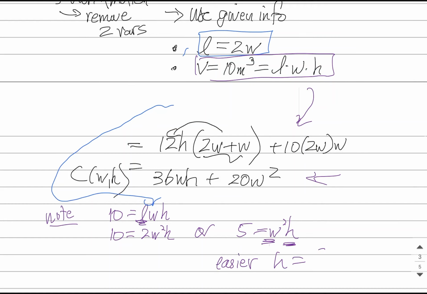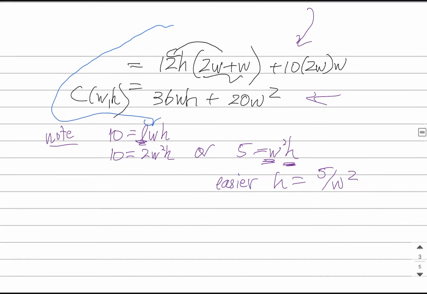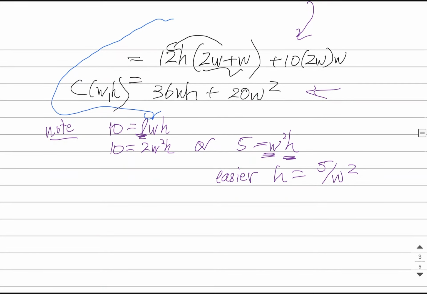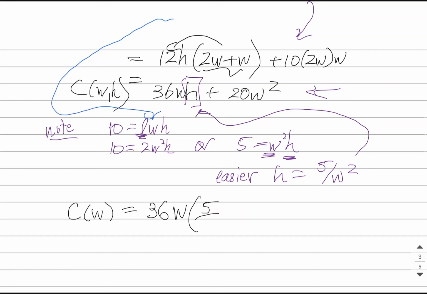And so H is then going to be 5 over W squared, and we are going to substitute that in the expression above. So wherever we see this H, we are going to replace it with this. And so what we will end up getting is a function that has a single variable, just W. And when we put it in, we end up with something like this: 180 over W plus 20W squared.